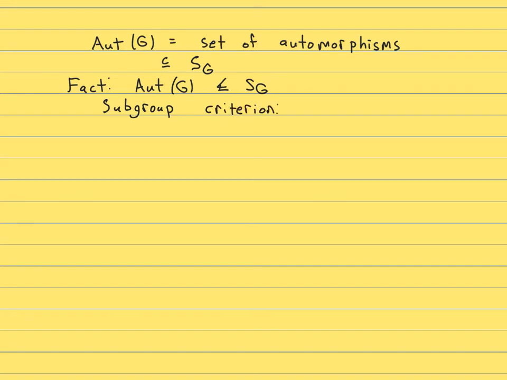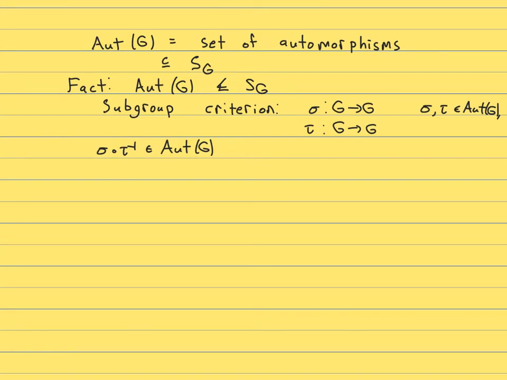So all I need to do is take sigma an automorphism, tau an automorphism, and then I just need to prove that sigma composed with tau inverse is also an automorphism. Which really means I just need to show this is a homomorphism.